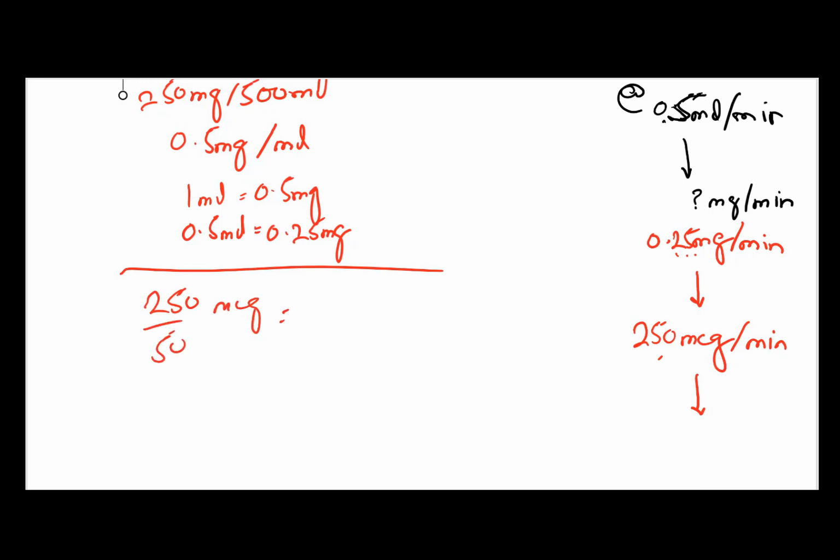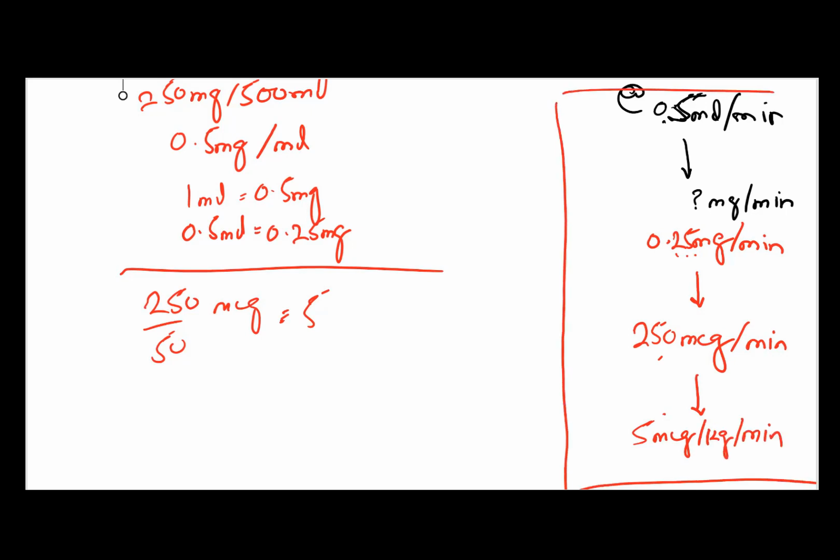That will give me what? So this dose was 5 mcg per kg per minute. So that's the whole calculation. This last question was starting with the mils per minute infusion rate, going backwards and finding the per kg dose for the patient.